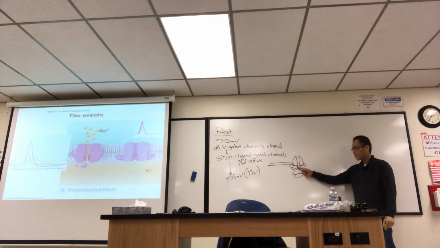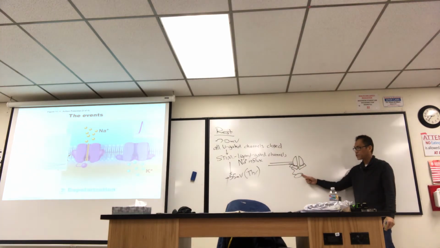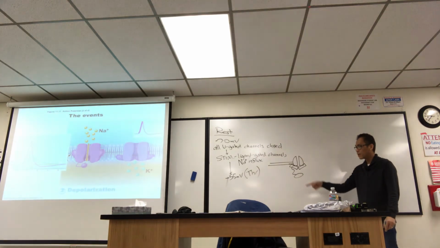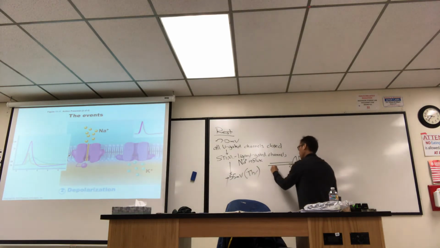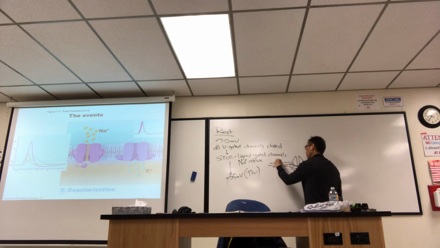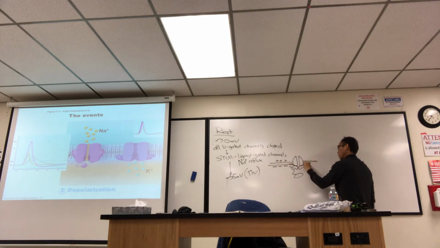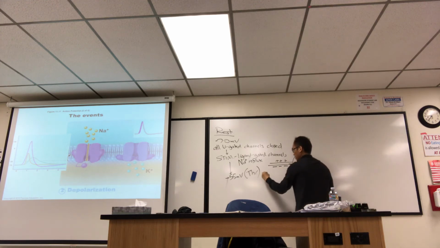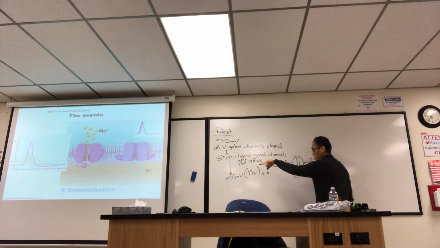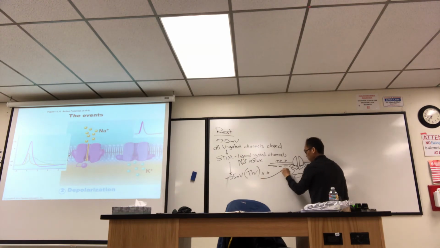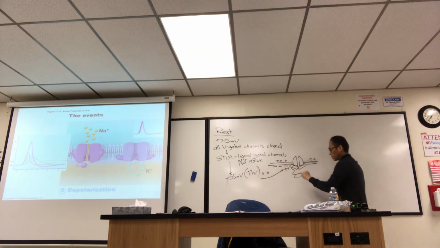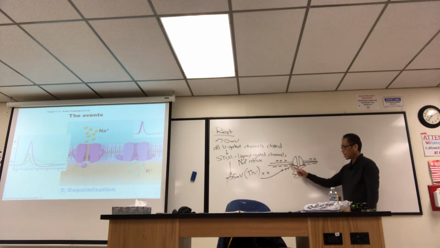Here are the doors, the activation gate and then the inactivation gate. If you let a little bit of positive in, it's all negative here. But if you let positive in from another part of the cell and it travels to here, what I had said previously was that there's a little positive charge in that part of the gate.